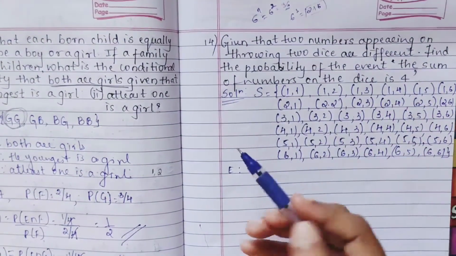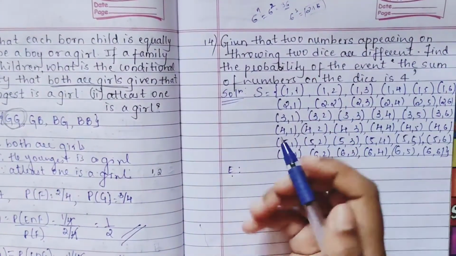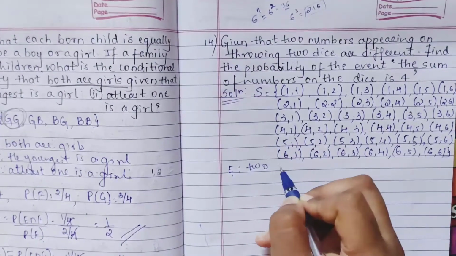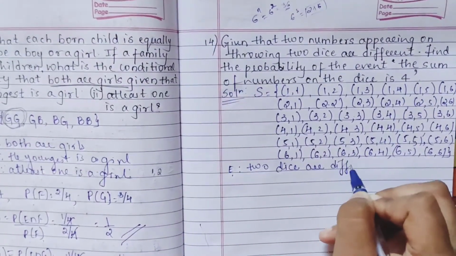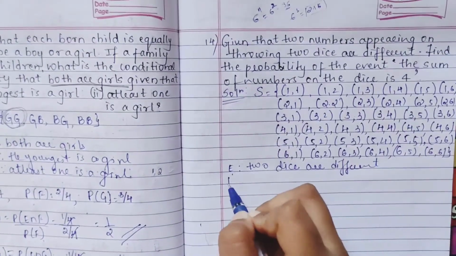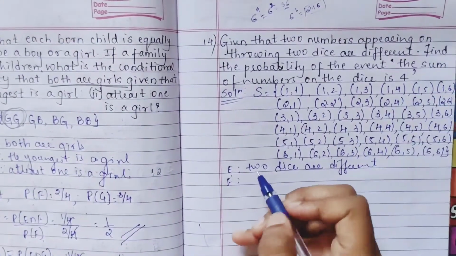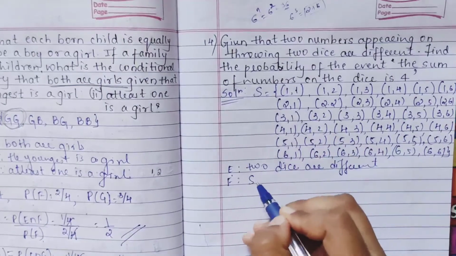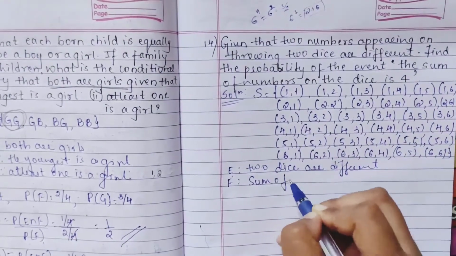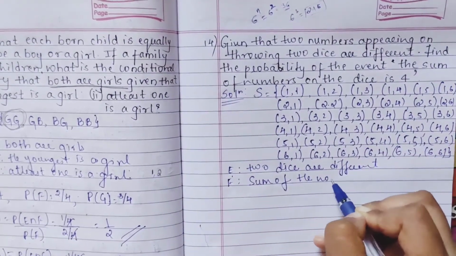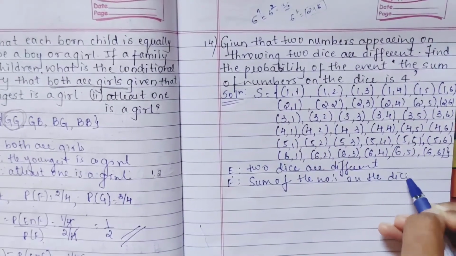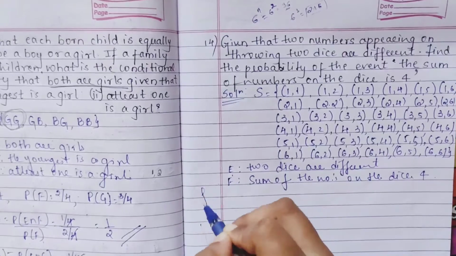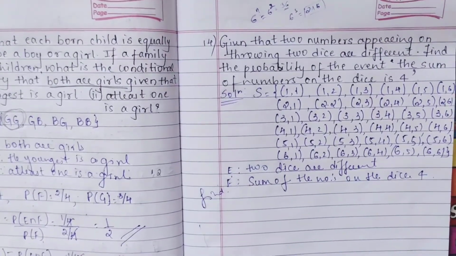2 dice are different means we take event E as 2 dice are different, and event F, what they are telling, the sum of the numbers on the dice is 4, and this you have to find.